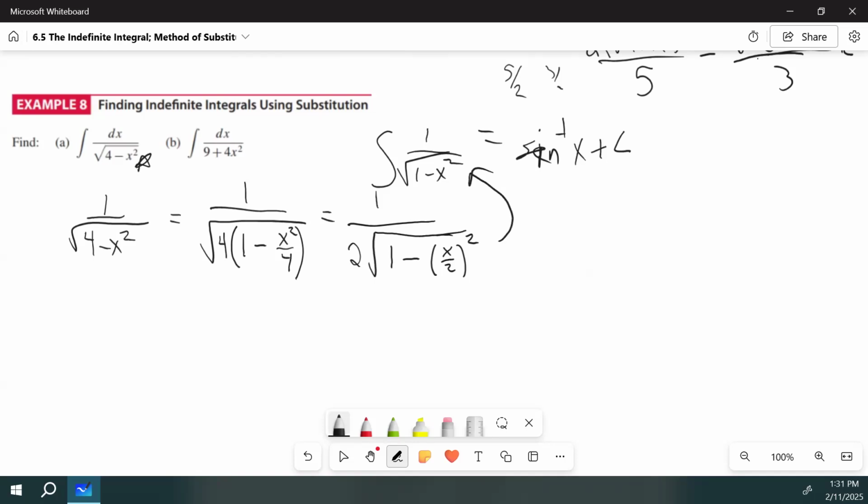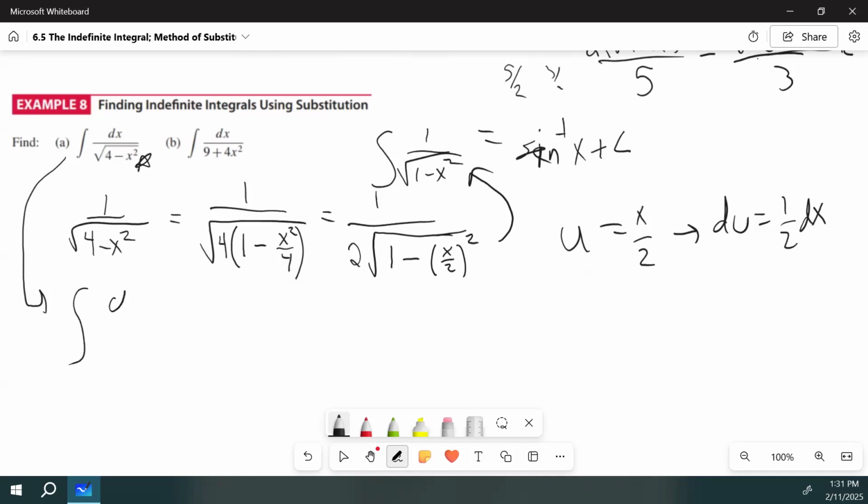So here, what we're going to do is let u equal x over 2, and then du is equal to 1/2 dx. So the integral becomes the integral of dx over 2 square root 1 minus x over 2 squared.